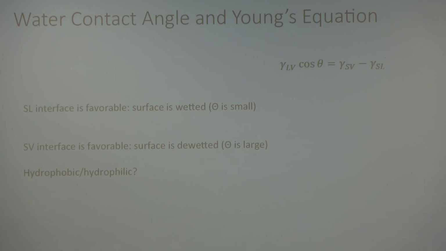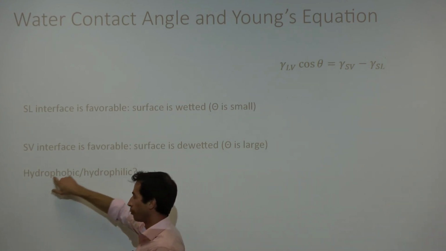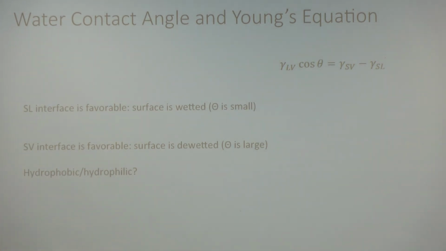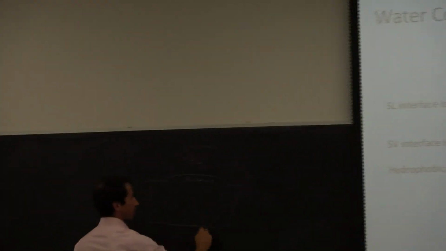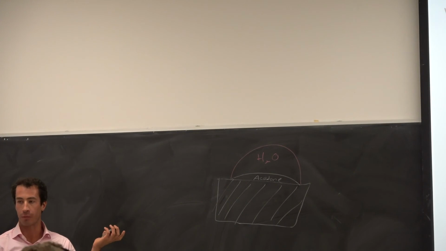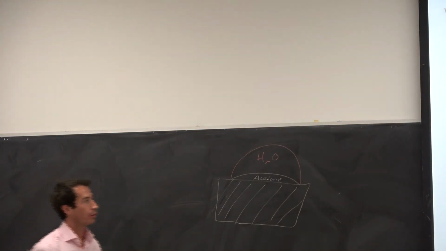It's de-wetted. That's assuming that both of these materials are on the exact same substrate, right? So if this substrate changed at all, then that would dramatically change how the material beads up, right? Okay.